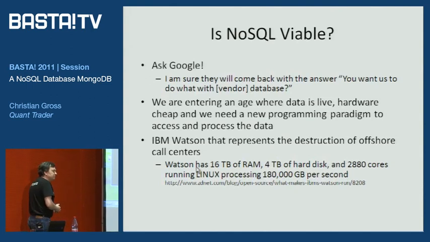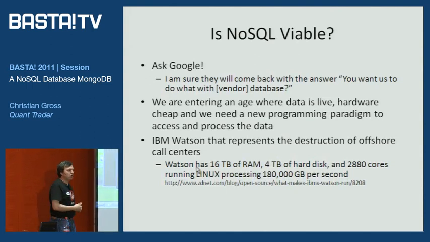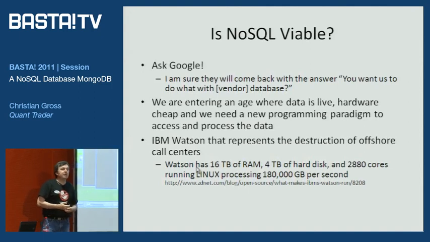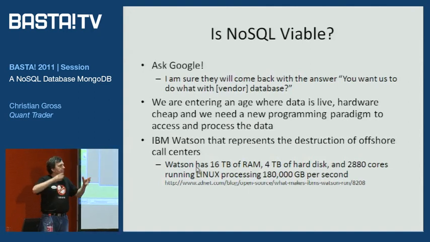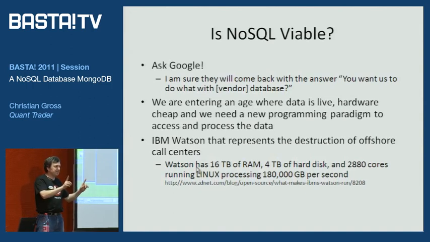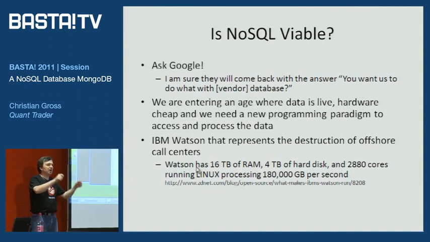Well, IBM created a computer called Watson, and Watson played against humans in Jeopardy. Now, the trick is that Watson had to understand language from the basics. This wasn't like, oh, this word means this answer.